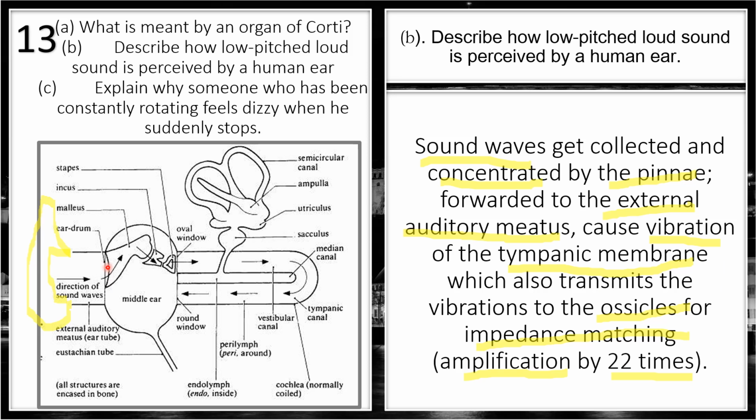It will cause it to vibrate, and it will transmit the vibration to the ossicles, that is the malleus, the incus, and then the stapes. This one is going to amplify the sound by 22 times.